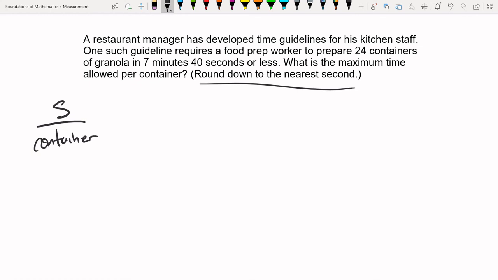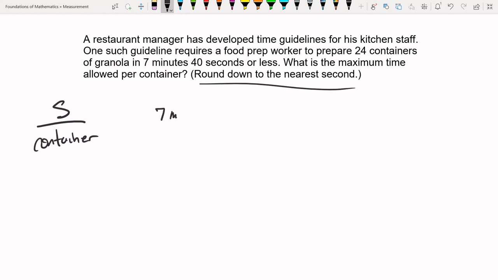Seconds per container is what we're going to have in the end. Now the problem is that we have 7 minutes and 40 seconds, the time given as the maximum time allowed. We cannot do 7 minutes and 40 seconds inside of a division. We need to have only one single unit. So we're going to convert 7 minutes into seconds and add that to 40 seconds.